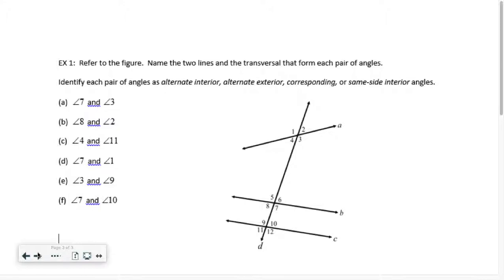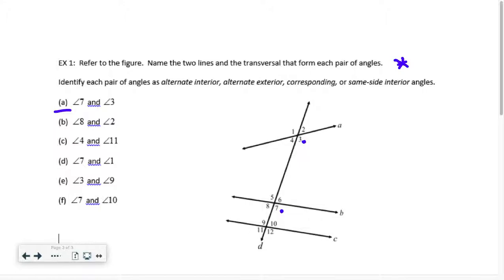So this first example, 7 and 3, let's find 7 and 3. So 7, that's here where B intersects D, and 3 is where A intersects the transversal D. So the two lines, A and B, are intersected by transversal D. That kind of takes care of this first part of the question.